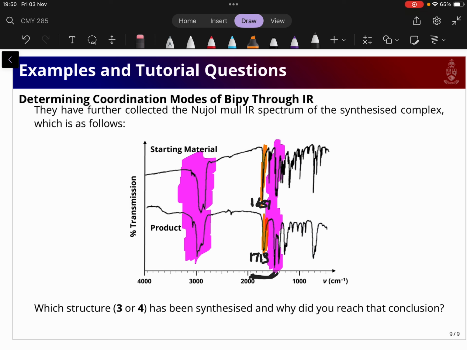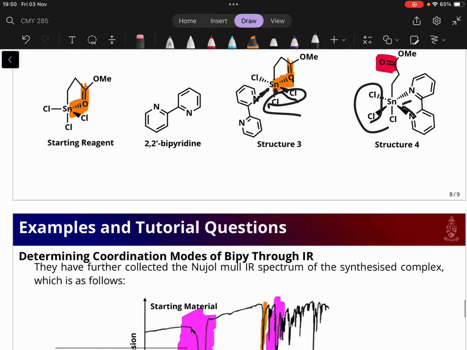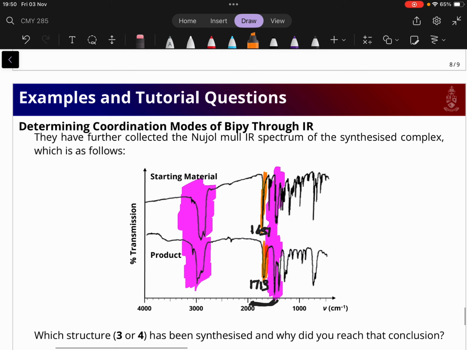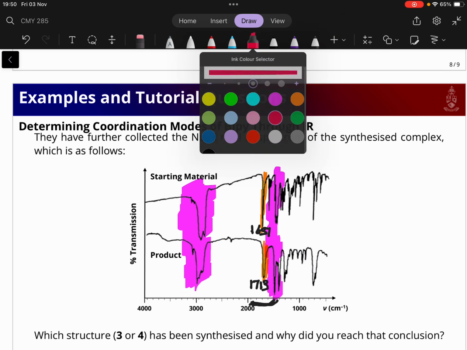And that's normally associated with something decoordinating. So when a ligand coordinates, its peak normally shifts to a lower energy of excitation. So that means the product is something where the carbonyl is no longer linked to the structure.